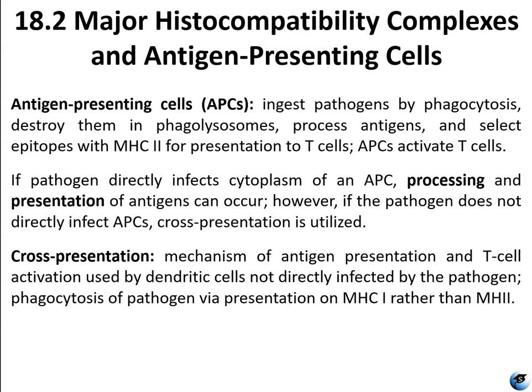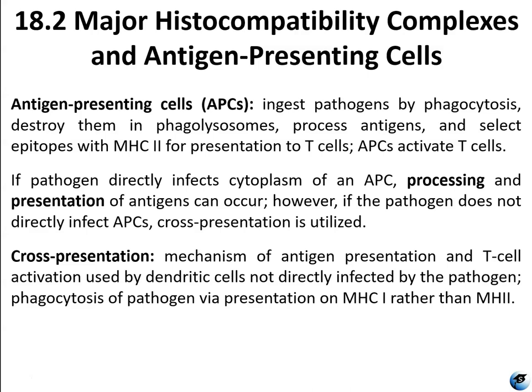When the antigen presentation and T cell activation used by dendritic cells is not directly infected by the pathogen, phagocytosis of pathogen by presentation on MHC1 rather than... This is all very confusing.